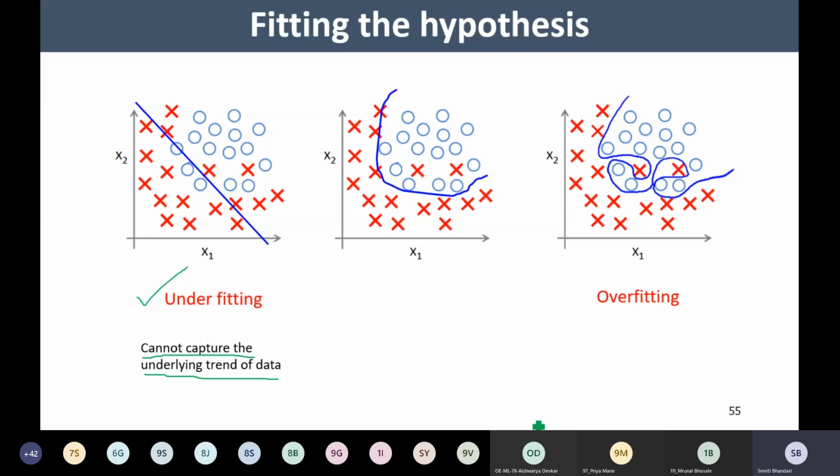I'll repeat. A statistical model or a machine learning algorithm is said to be overfitted if we are trying to train our model with a huge amount of data. And if I have lots of data items, then there is a possibility that my data includes some kind of noise or some kind of exceptions.